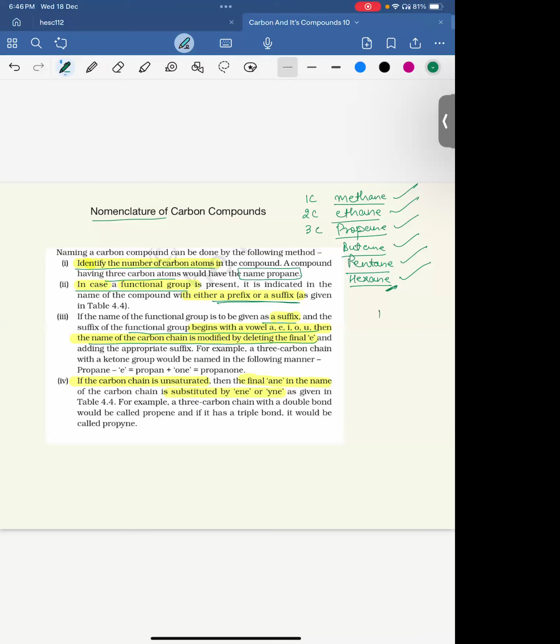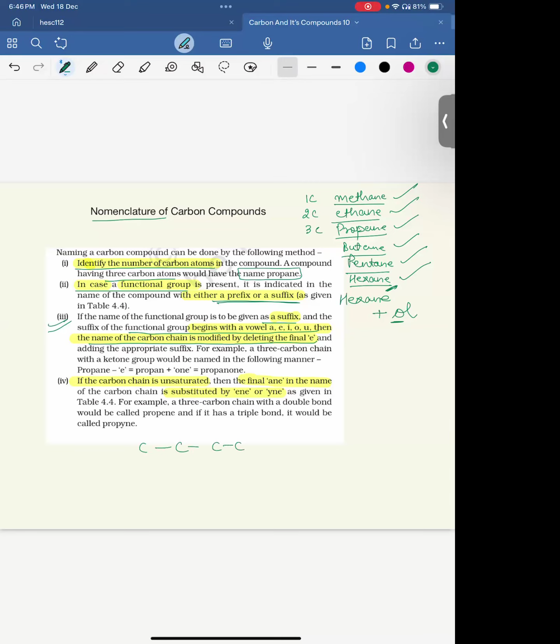And for example, we have to add the suffix ol for alcohol. O is a vowel or not? Yes, O is a vowel, right? So this rule will be applied. For example, we have to add ol to hexane. We have this compound.